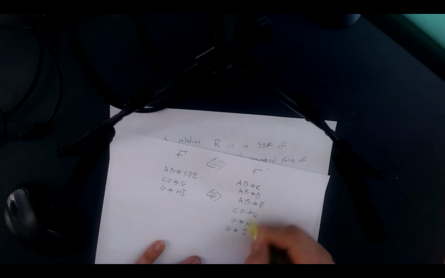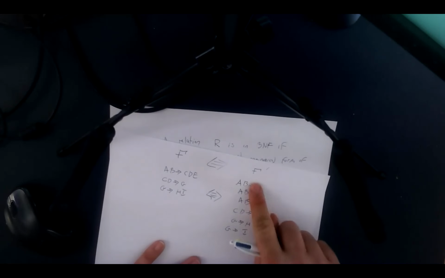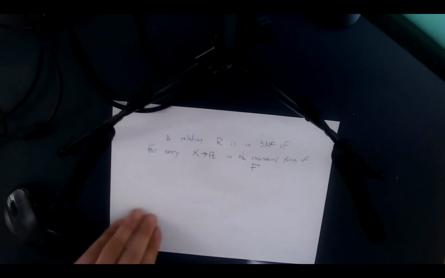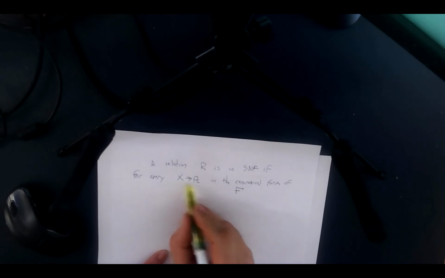You can use Armstrong's axioms to show that's a legal, dependency-preserving transformation of the original set to a new set in this canonical form. So when we talk about 3NF, we're always talking relative to a set of functional dependencies in canonical form.